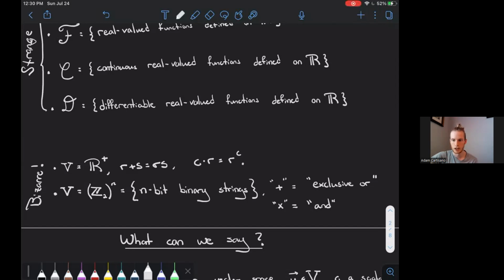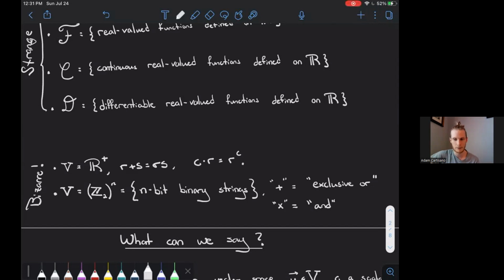And if you scale by 1, you're saying, okay, yes, and whatever the binary string says. This is mostly an Easter egg for computer science people. The set of n-bit binary strings forms a vector space. You can check that this thing satisfies all 10 of those properties, and you can do all of the vector space theory that we've talked about using Z2 to the n rather than R to the n.